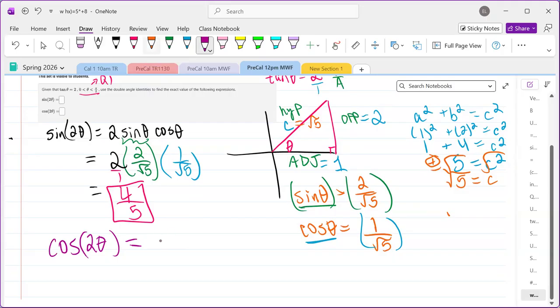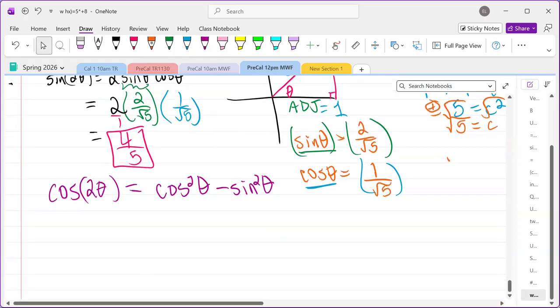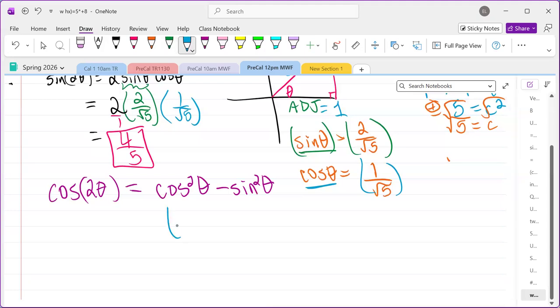Now the formula for cosine 2 theta, there's 3 of them. But in this case, I usually go with the first one, which is cosine squared theta minus sine squared theta, since I already have both sine and cosine. And now I'm just going to fill those in.